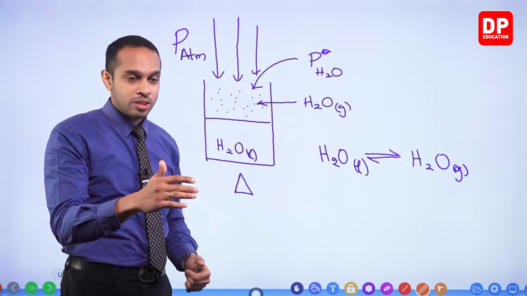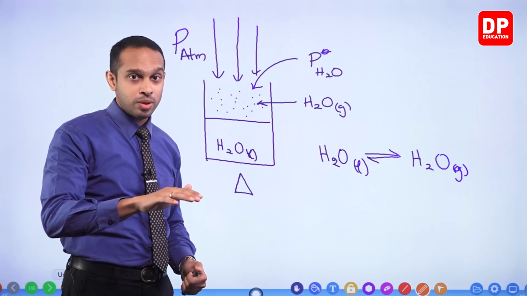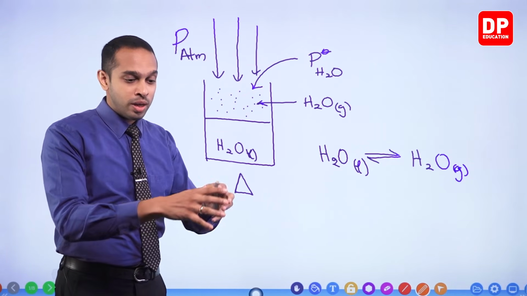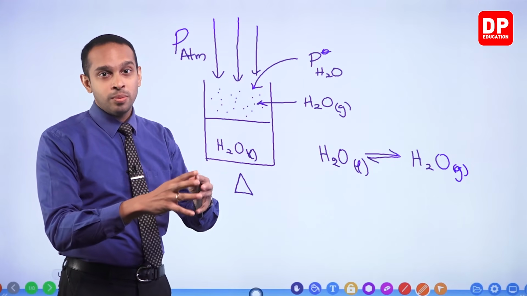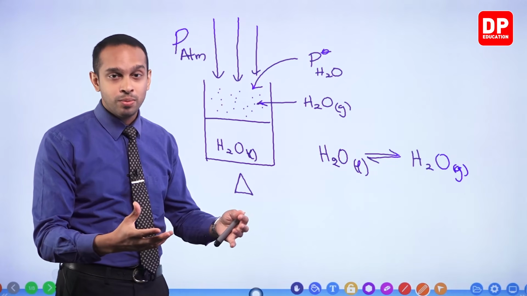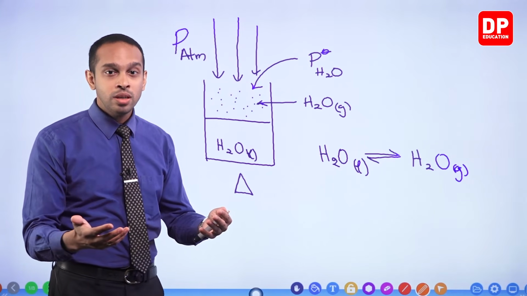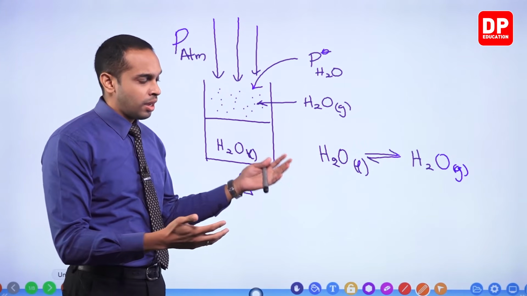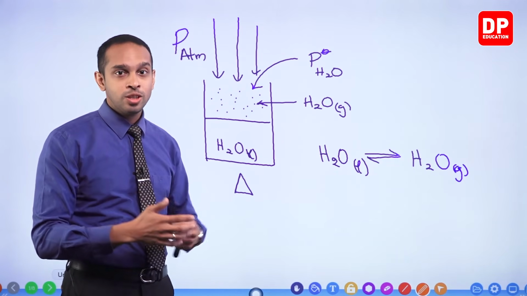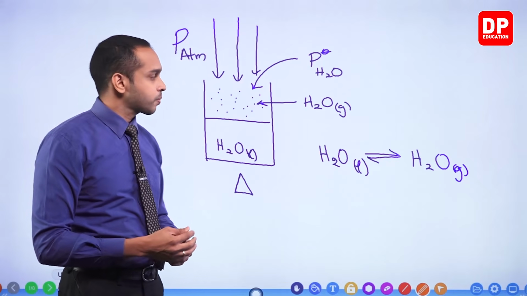So water will require a higher temperature to boil. That's why food gets cooked a bit faster, it becomes softer, because now the water is at a higher temperature. Otherwise water can only reach 100 degrees Celsius at usual atmospheric pressure, but inside a pressure cooker it can reach higher temperatures, right?